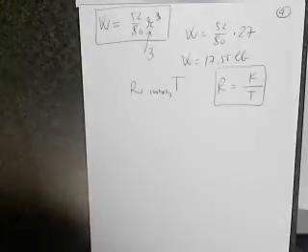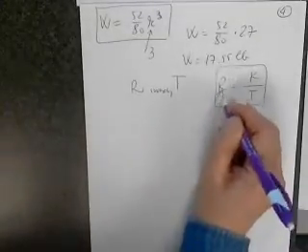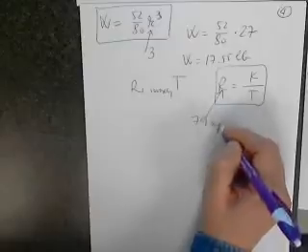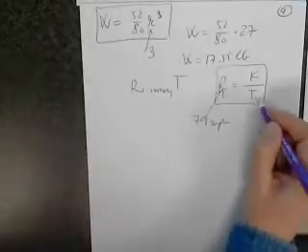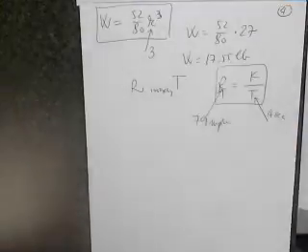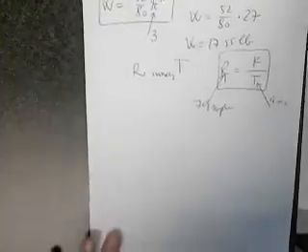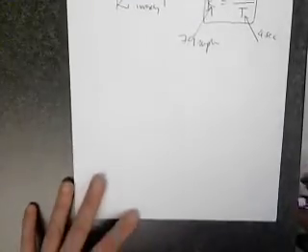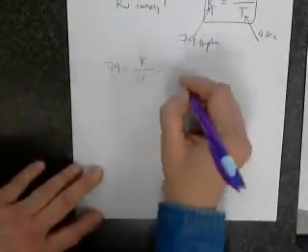In one particular pair of markings, R is 79 miles per hour. So R is 79 when t is 4 seconds. What do I do with the given information? Plug it in. Yes. So I have 79 equals K divided by 4.